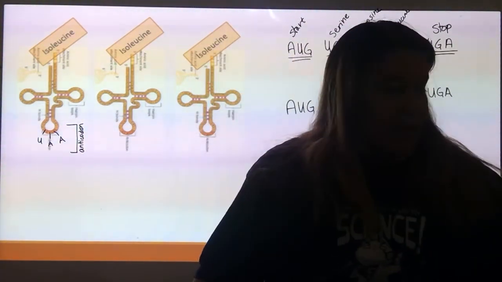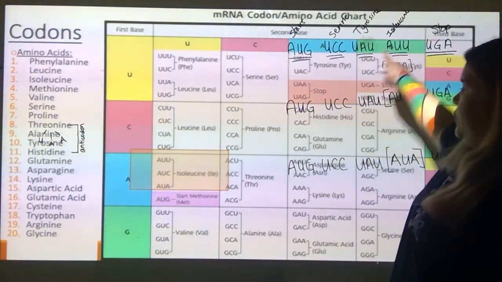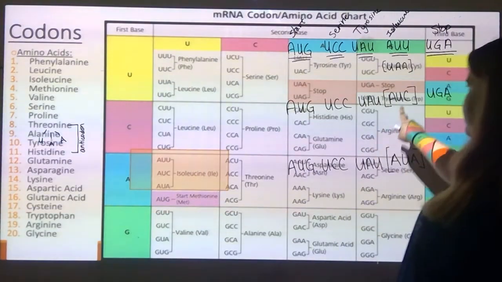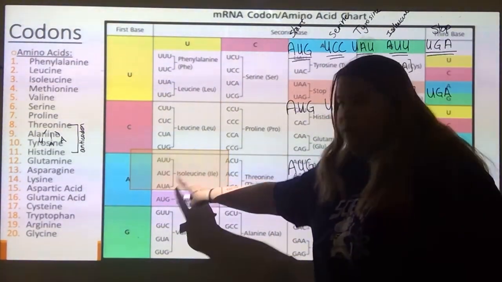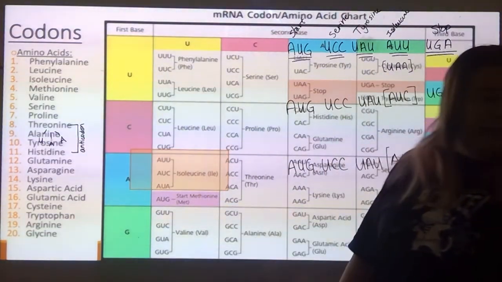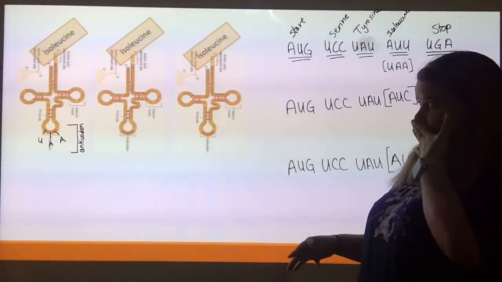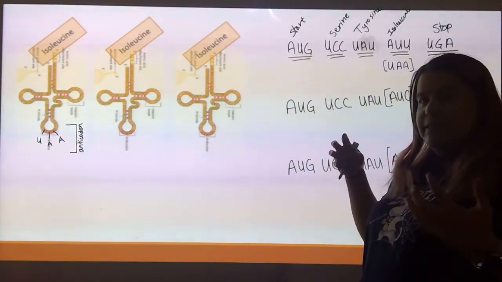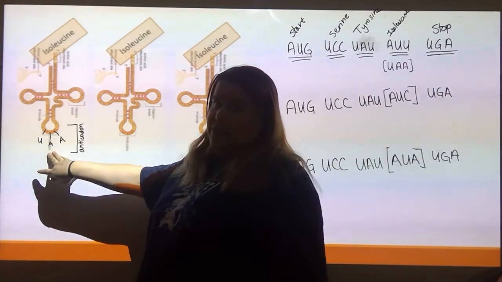If you look at this table, you'll see AUU, AUC, AUA. All of them are for isoleucine. But if I need something that is the complement, this will not work for AUC.